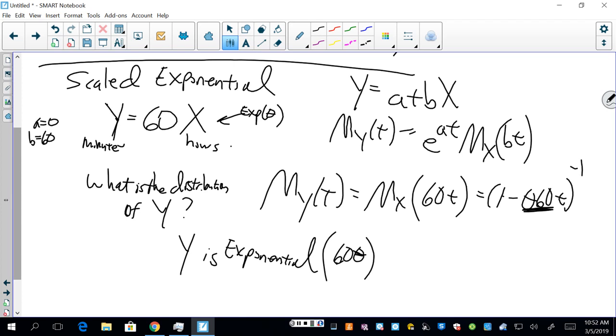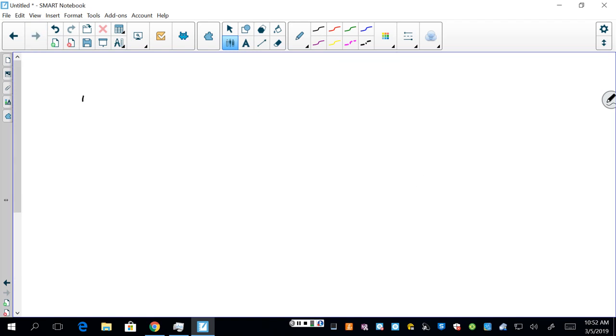Yes? Did you just know that because multiplying by 60 would make it grow really fast? So in the function, this moment generating function for the x variable with t and this (1 minus θt) to the negative 1, whatever is going to be in here is going to show up in the place of t.